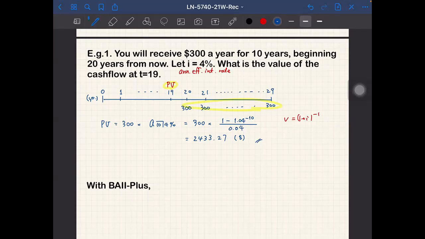So the point is just the relationship between PV and the cash flow. If all cash flows are shifted, then the same formula as the annuity immediate applies.